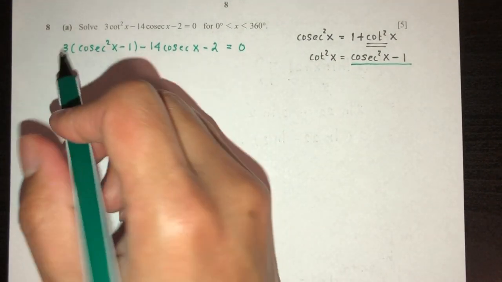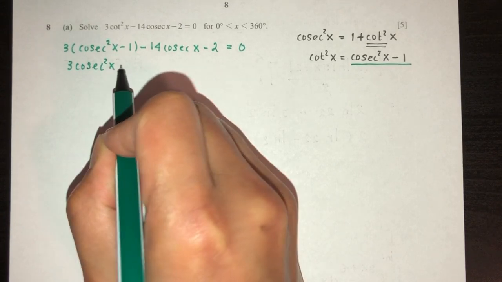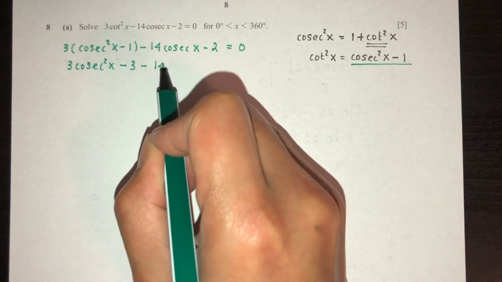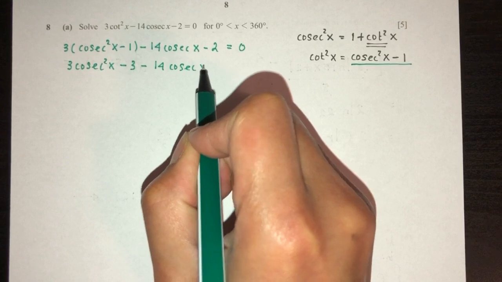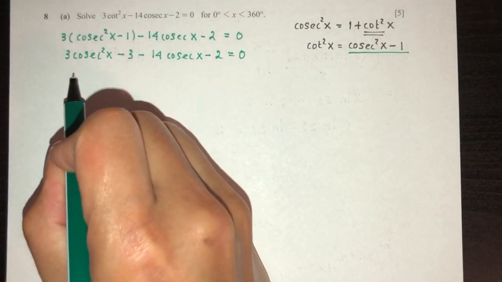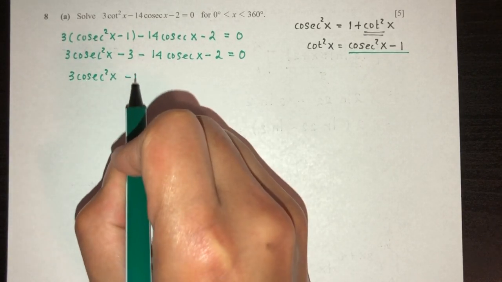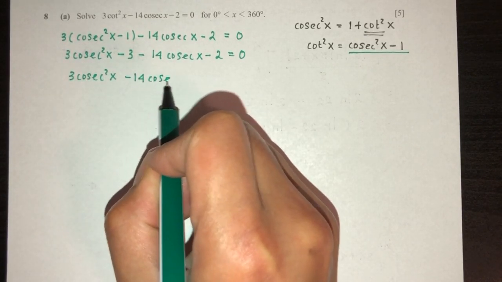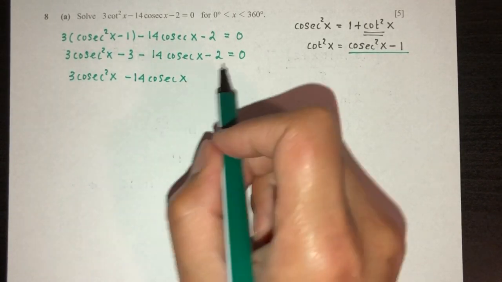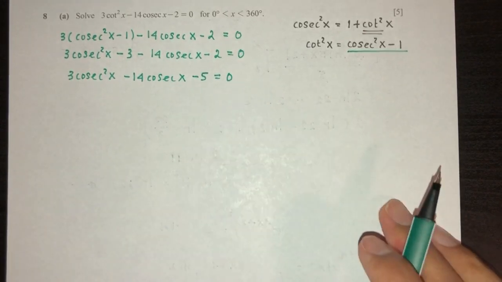Now we can simplify. You will have 3 cosec square x minus 3 minus 14 cosec x minus 2 is equal to 0. So simplify: 3 cosec square x minus 14 cosec x. Minus 3 minus 2 will be minus 5 is equal to 0.